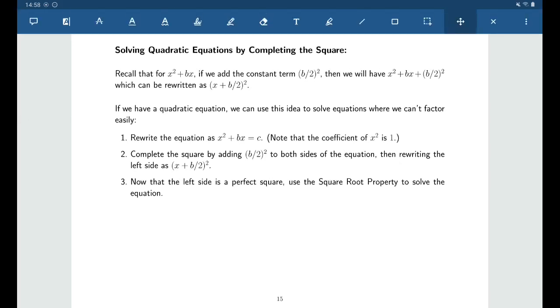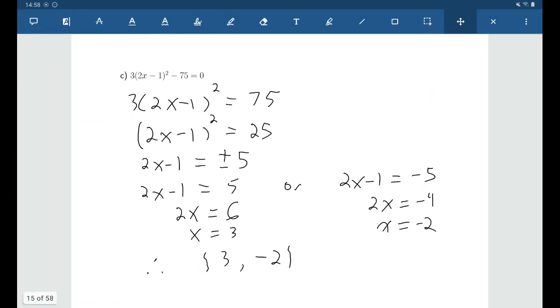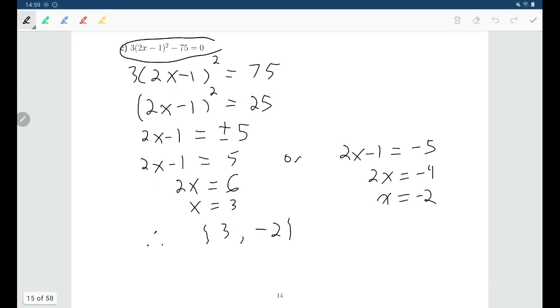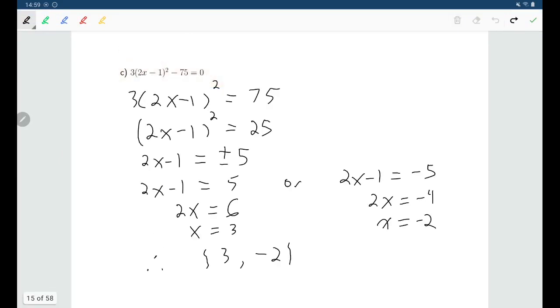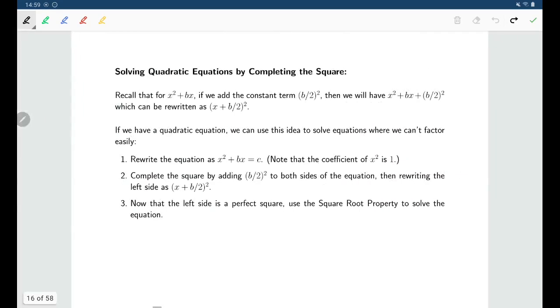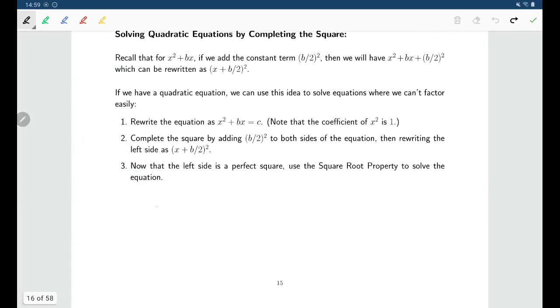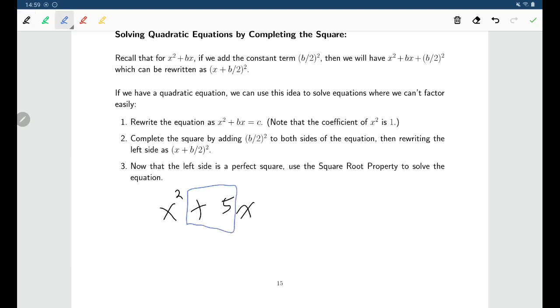And once we've completed the square, we would end up with something similar to what we'd have at this step. And that would be something where we could use our square root property to help us out. So the idea to keep in mind when we're completing the square, when we're looking for what needs to be added in, remember that we would look at whatever the coefficient is for the x term, in this case positive 5. We would cut that coefficient in half to give us 5 halves.